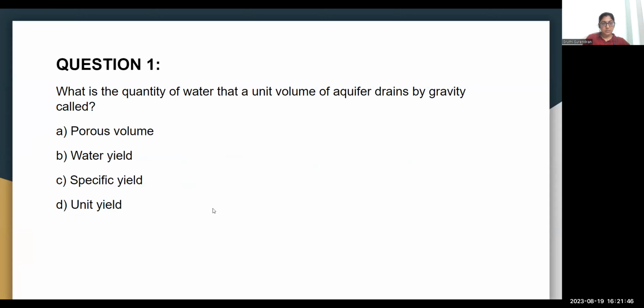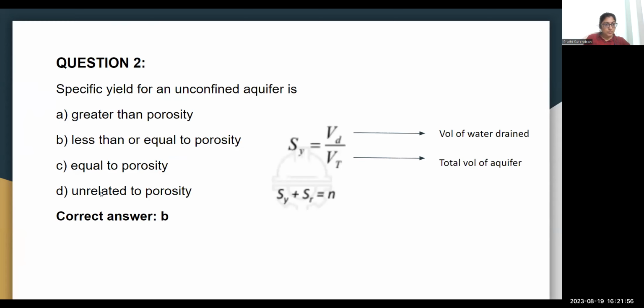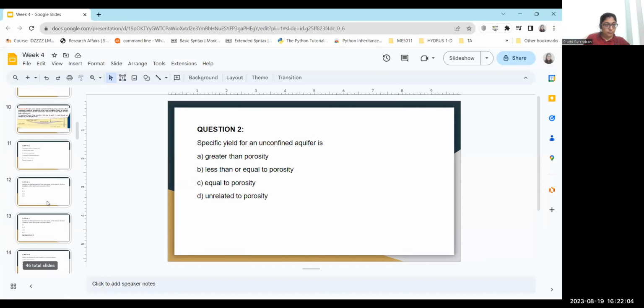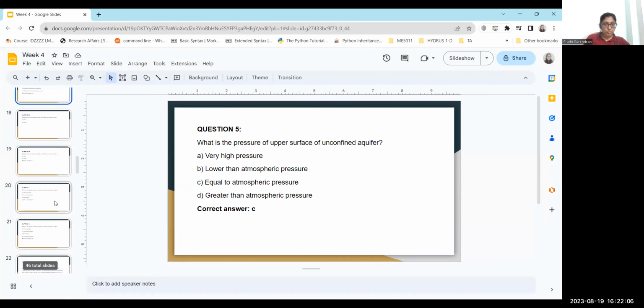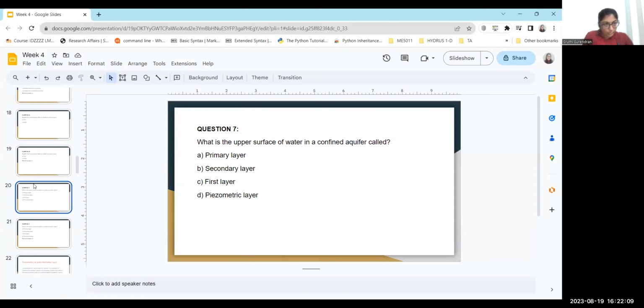This is the first question. What is the quantity of water that a unit volume? 7 and 10. Okay. 1 second. Okay.